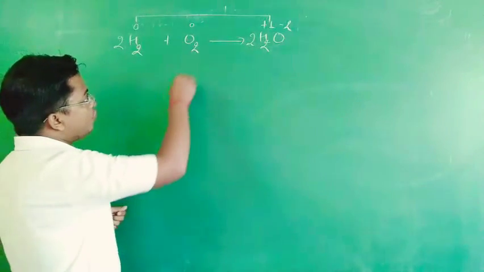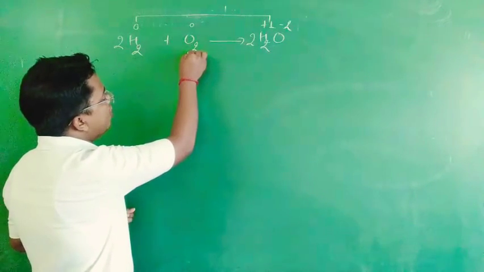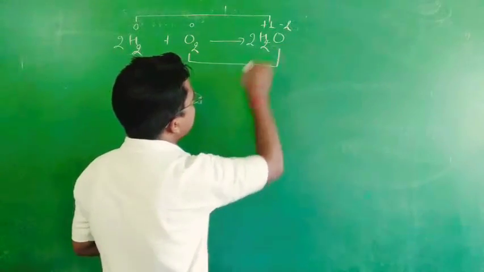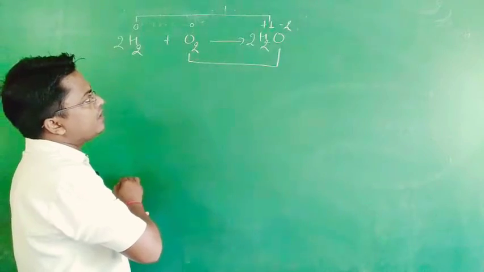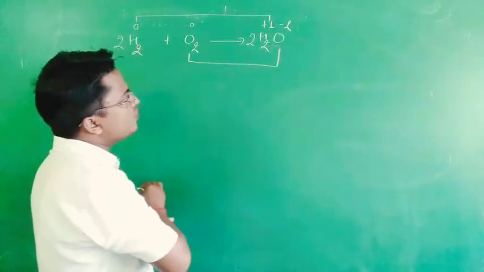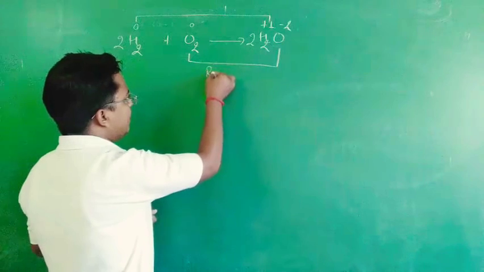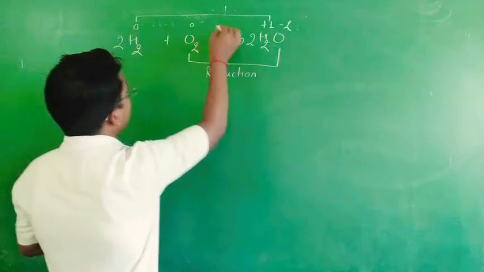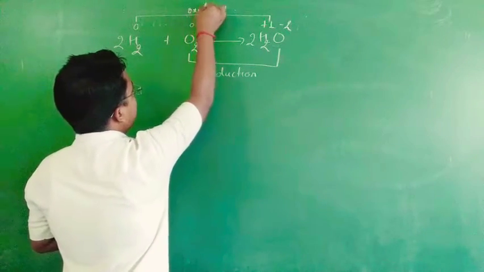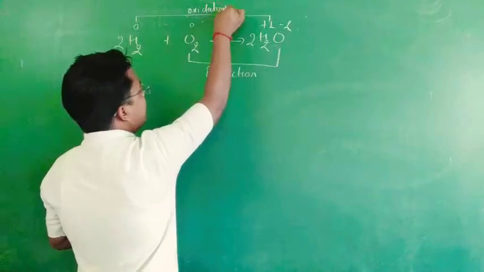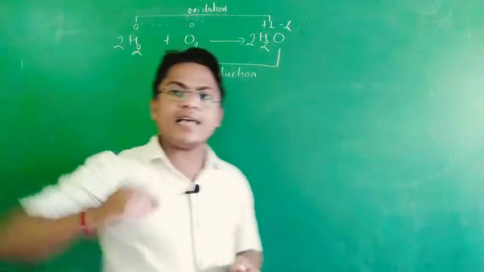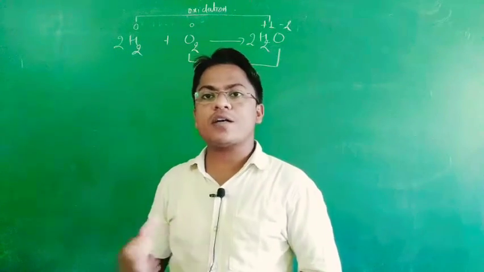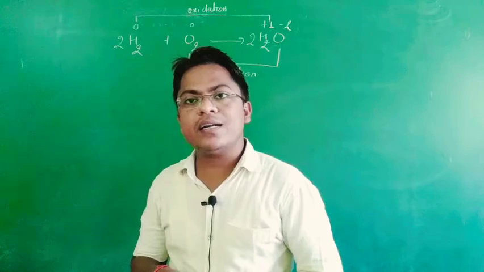If we talk about oxygen, you can see the oxidation state on the reactant side is 0, and on the product side it is -2. There is a decrease in the oxidation state, that is why there will be reduction. In this reaction oxygen gets reduced while hydrogen gets oxidized. If we want to know the oxidizing and reducing agent: in a reaction, if a substance gets oxidized, that will be a reducing agent.